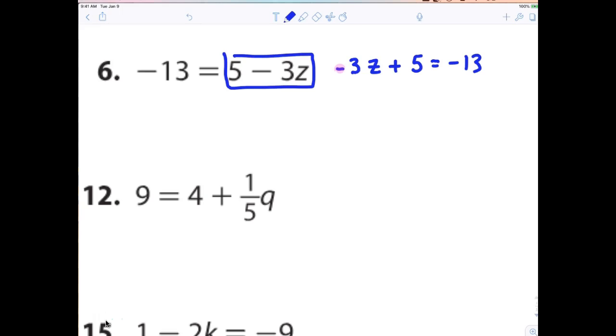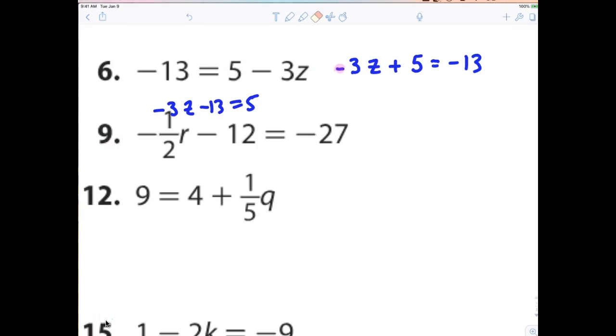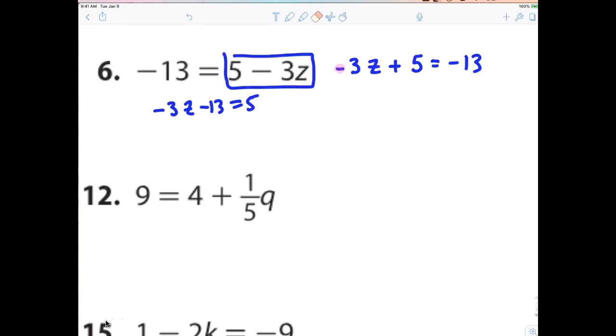Didn't you tell me the z was with the 13? So read what you got on your paper. Yeah, that's what I'm saying. Here's what you wrote. Negative 3z minus 13 equals 5. That's not the same. I want to show you why it's not the same. So look up and make sure you see what I'm showing you. So right here, what I'm trying to show you is that this negative 3z is this negative 3z.